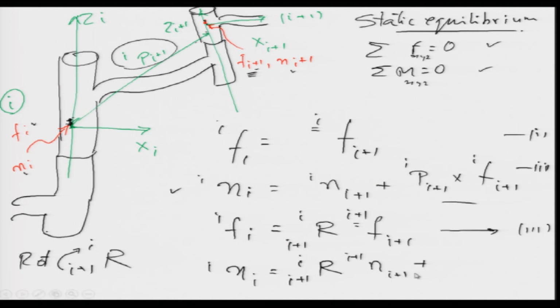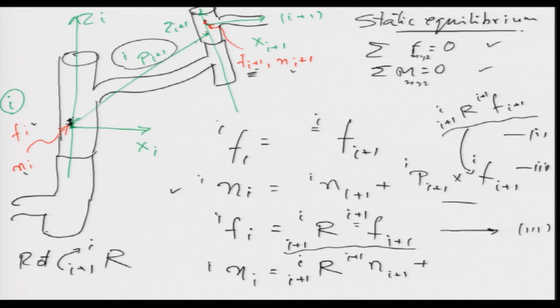Now, note that if I put my rotation matrix here, I multiply this by R i into i plus 1, then it becomes i f of i plus 1, which is actually this term. So, this term is equal to this term. So, if I put in this equation, when I multiply with the R matrix, this will become R into this, which is equal to this.